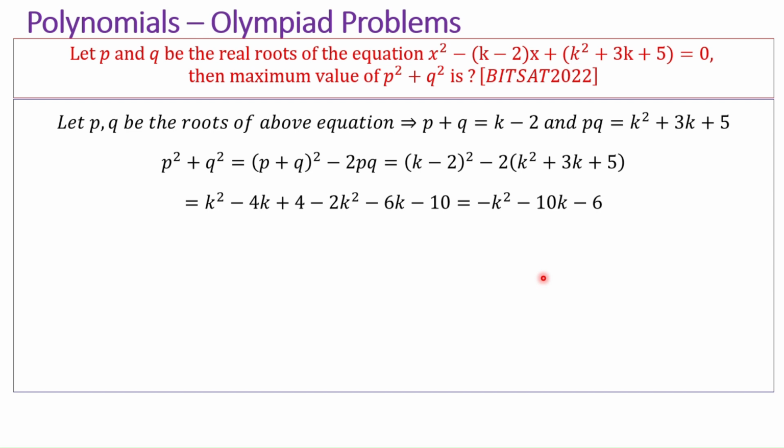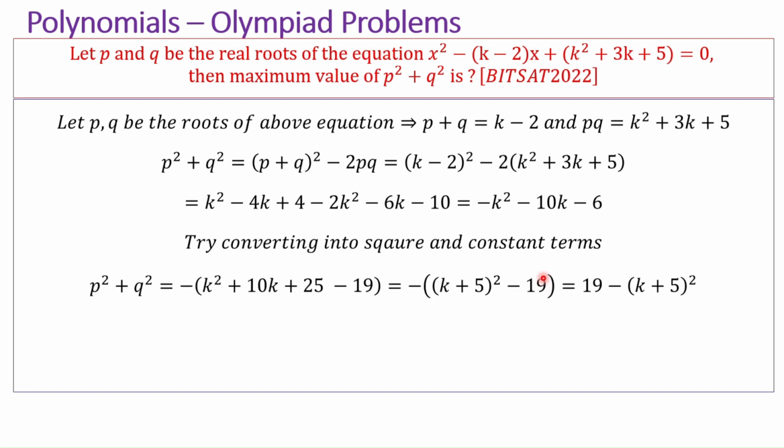Okay, now this is what is p square plus q square. Okay, so you can rewrite it. You try to convert this minus k square minus 10k minus 6 into a square minus b square kind of thing.